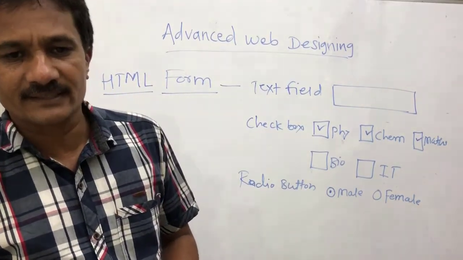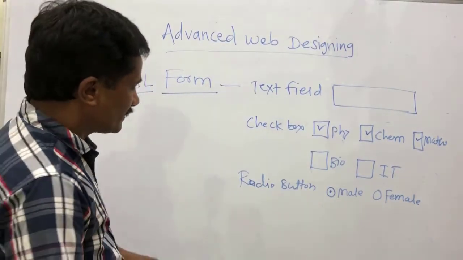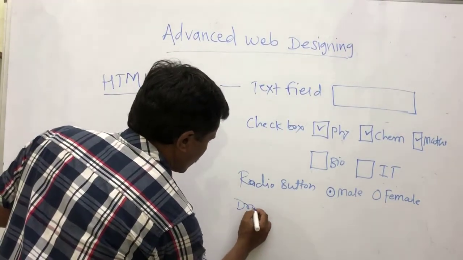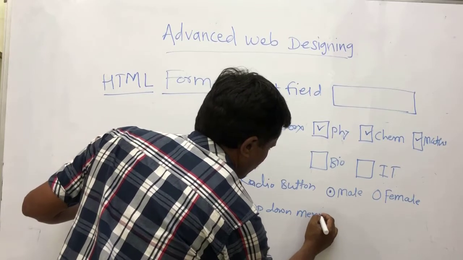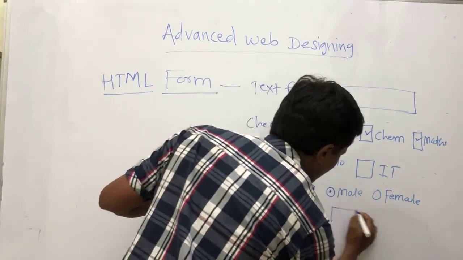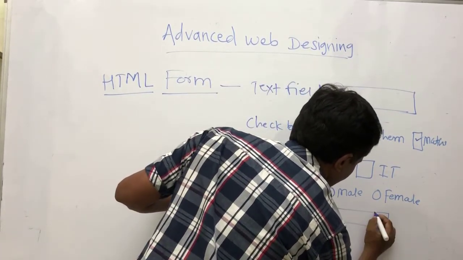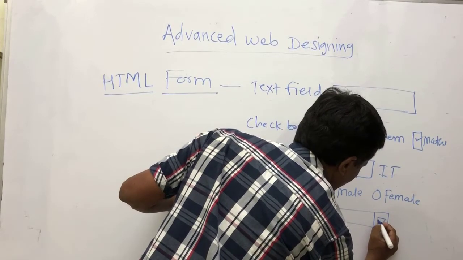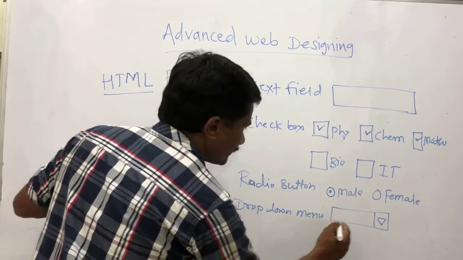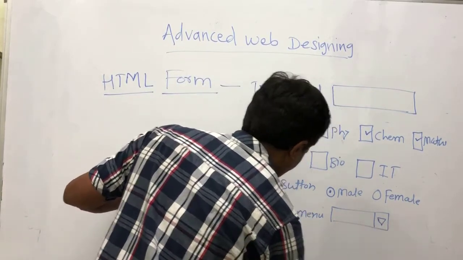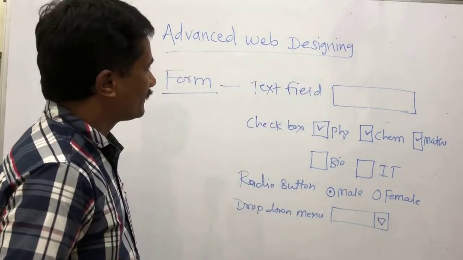Next are the text area field and drop down menus. That is a list box. Then combo box, where multiple items are displayed in drop down menus.